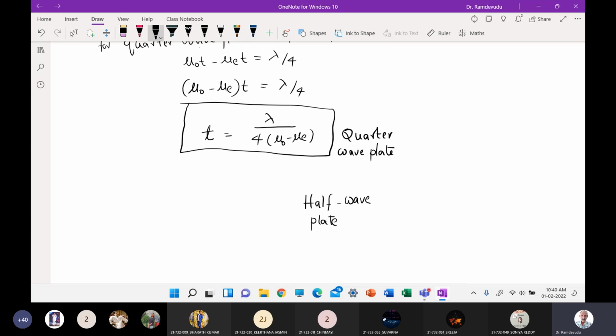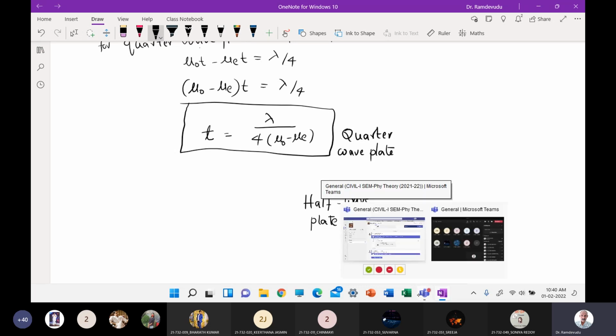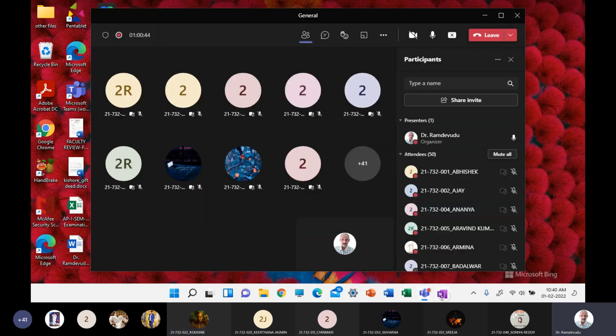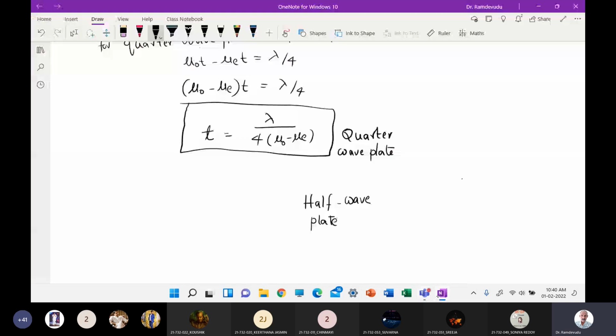Yes, roll number 22. How do you define a half wave plate? Maybe we should take lambda by 2. Yes, correct. So you have to take lambda by 2. Therefore, mu naught T minus mu E T for calcite, for quartz it is reversed, should be equal to what?